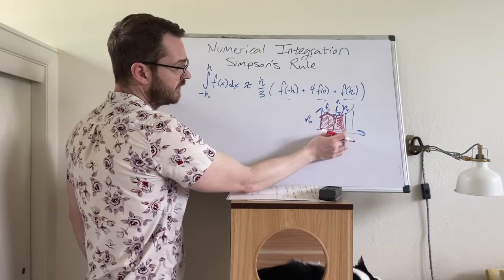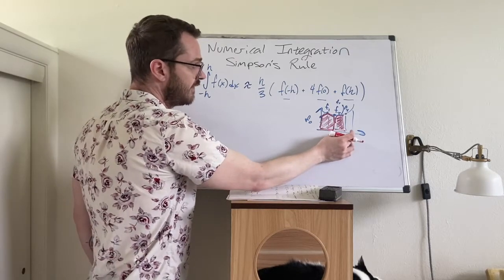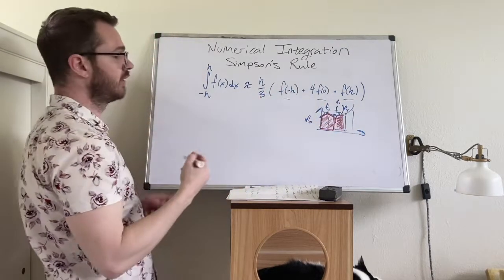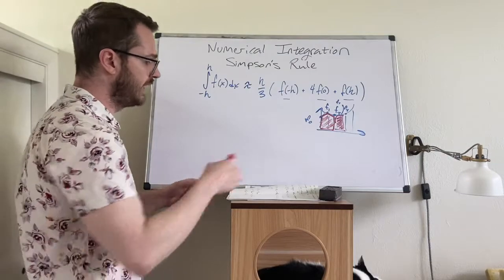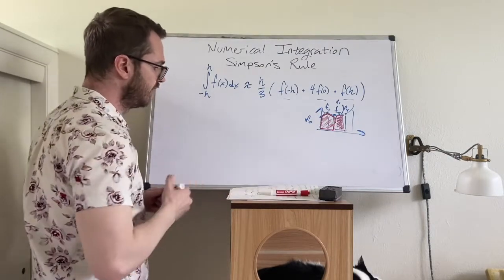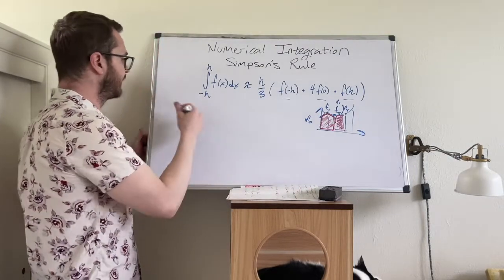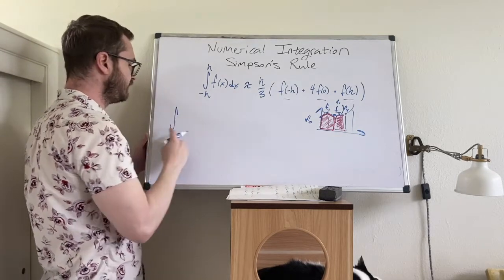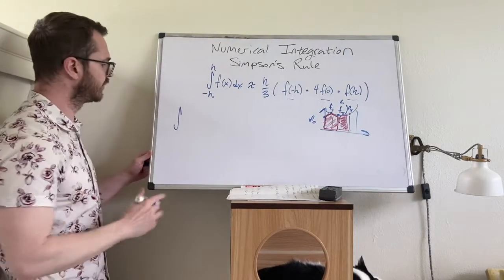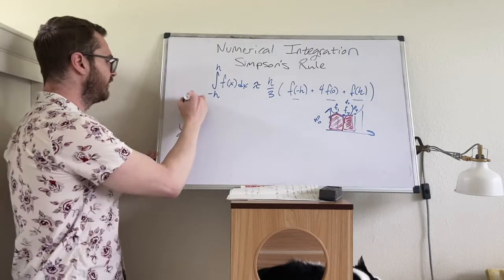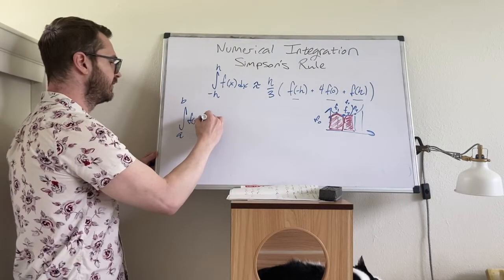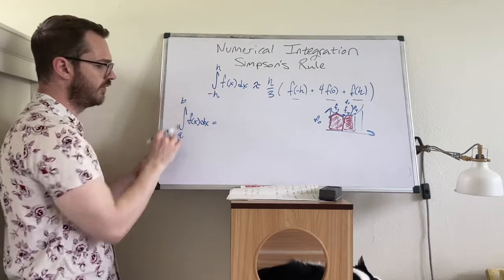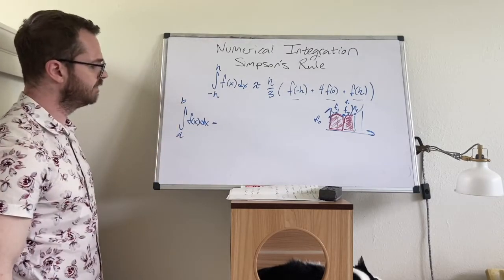The section after that starts at f2, goes through f3 and then to f4. So when we start writing the total, it starts looking like this. We still have this function. We're still performing a definite integral. And remember that we want f of x dx over the bounds a to b.